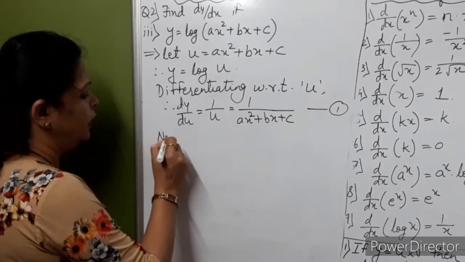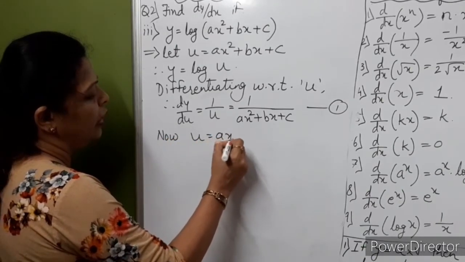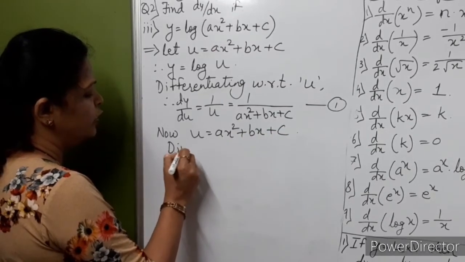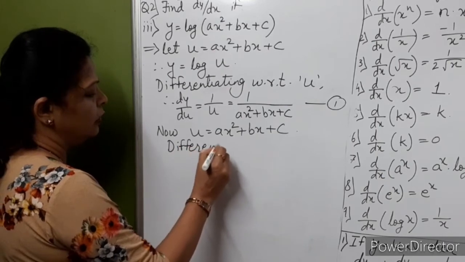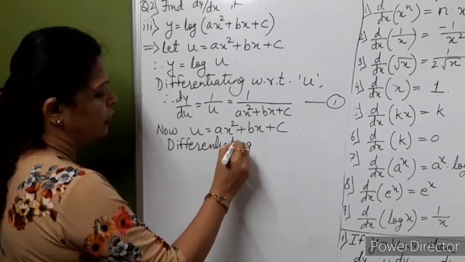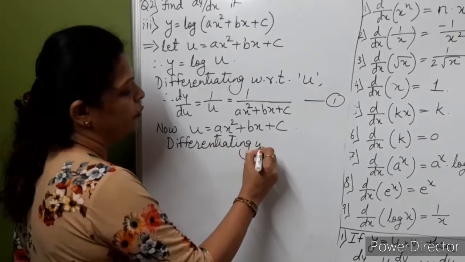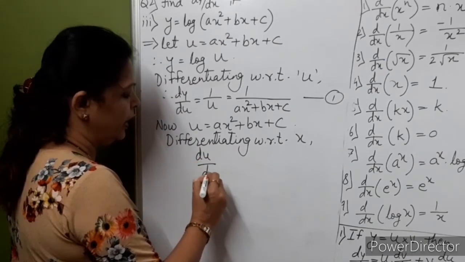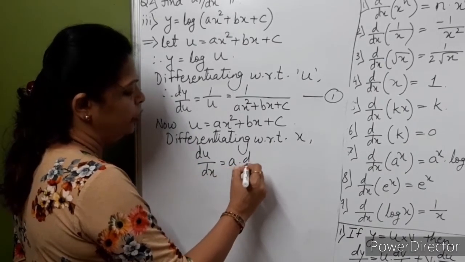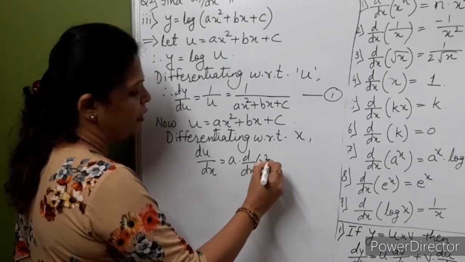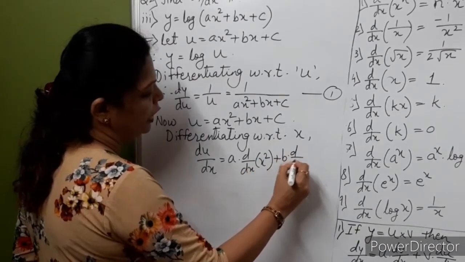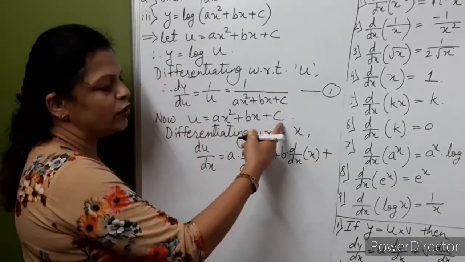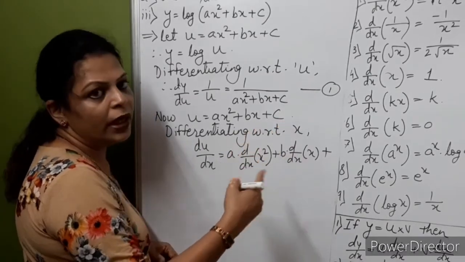Then u is equal to ax square plus bx plus c. So differentiating with respect to x, correct? So du by dx is equal to a into d dx of x square plus b into d dx of x plus, you can either write d dx of c or you can write c into d dx of 1.